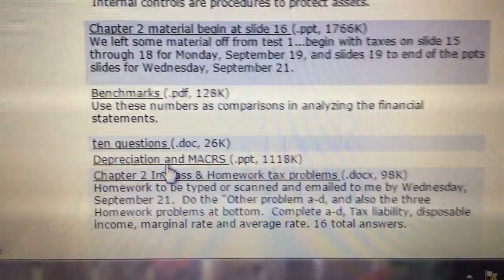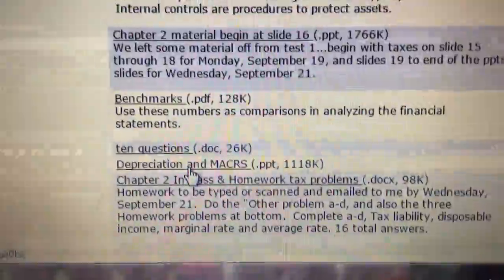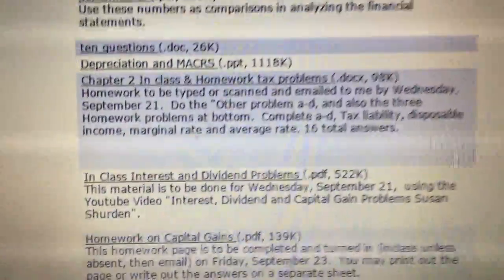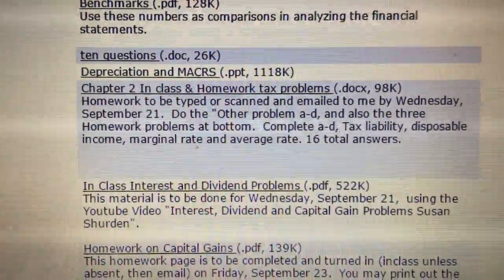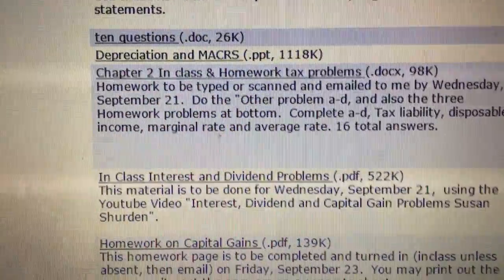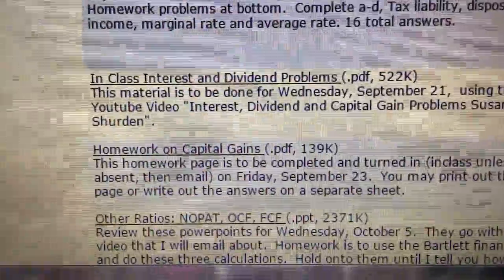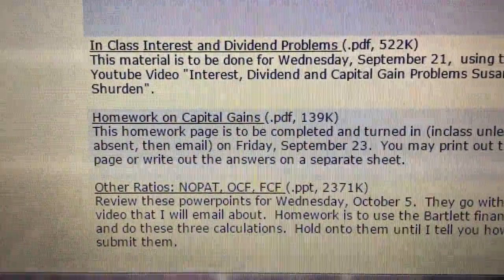I have no idea why they don't load in any certain order, but you want depreciation for today, both the problems and the PowerPoints. Chapter 2 in class homework tax problems. I've given you some information on that. We went over that, tax liability, interest dividend problems, homework on capital gains, possibly a question on the test problem.